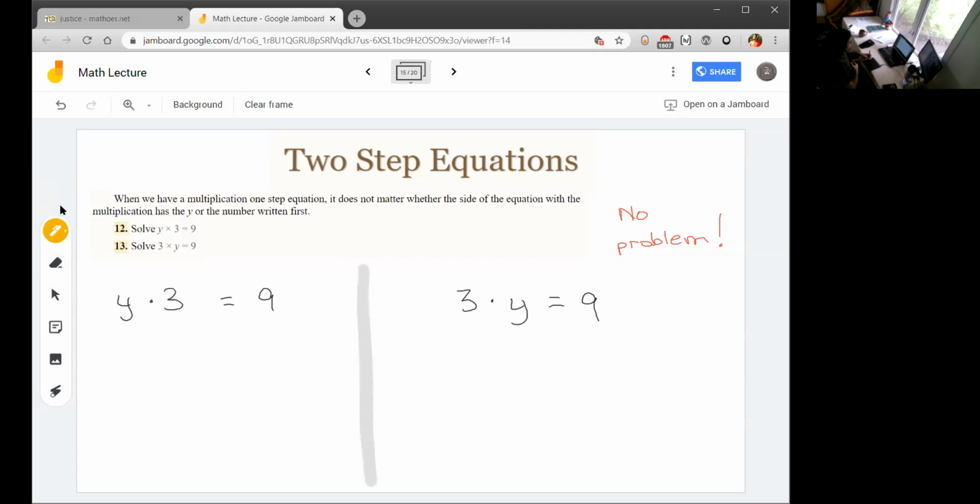It doesn't matter which order I multiply things. I can say for both of these that the left-hand side of the equation is y times 3. I can go this direction with multiplying just as well as that direction. That's really important. In a moment, I'm going to use this as a tool. So for now, it's just an observation, but it's about to become a tool in our toolbox. When I'm multiplying, either order works. I can switch them. So for both of these, I just want to say, let's divide both sides by 3.